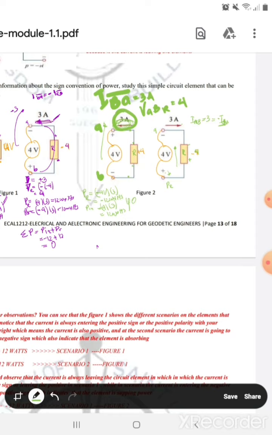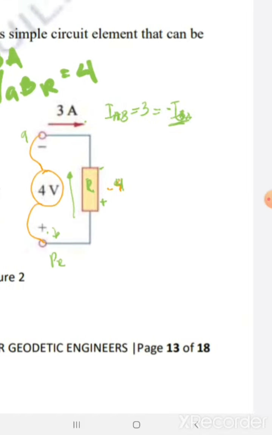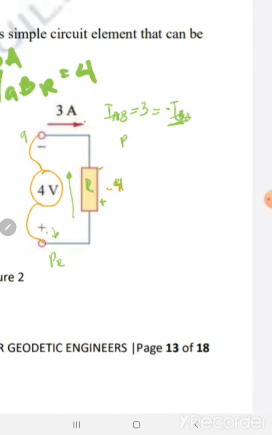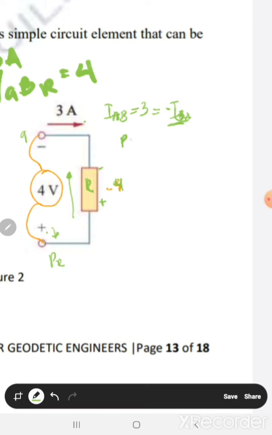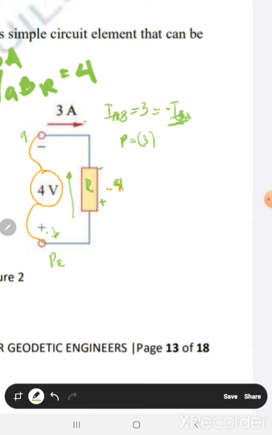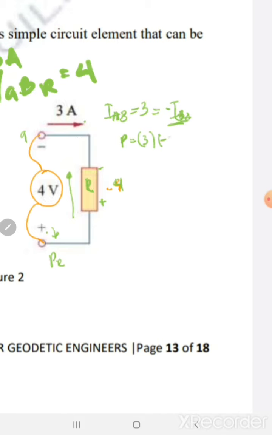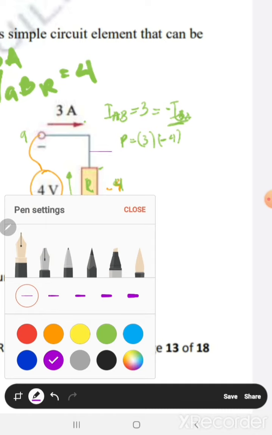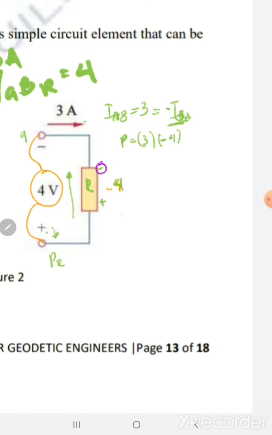Okay? So, therefore, I may say that your power is equal to your positive 3 ampere multiplied by, where does it enter? Negative 4 volts. It enters our negative 4 volts. Negative 4 volts. So, therefore, we have negative 12 watts at your PR.